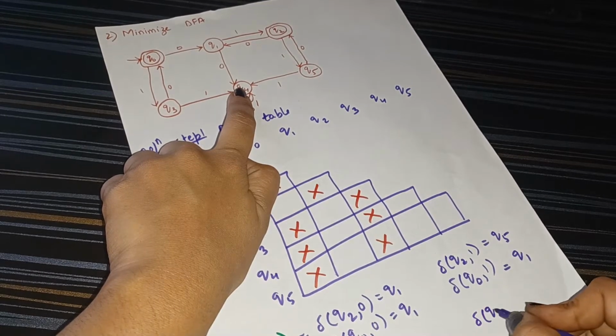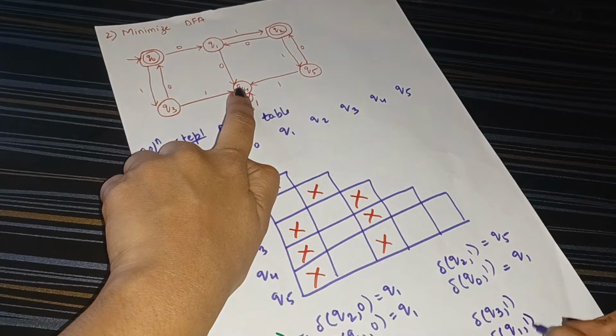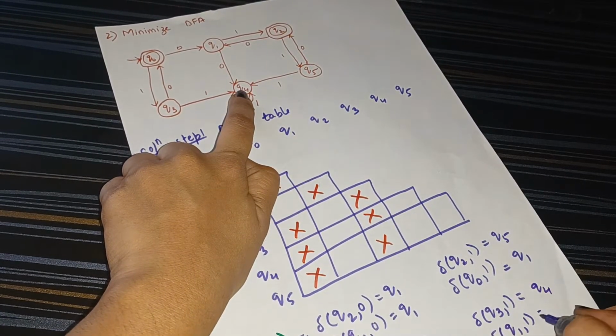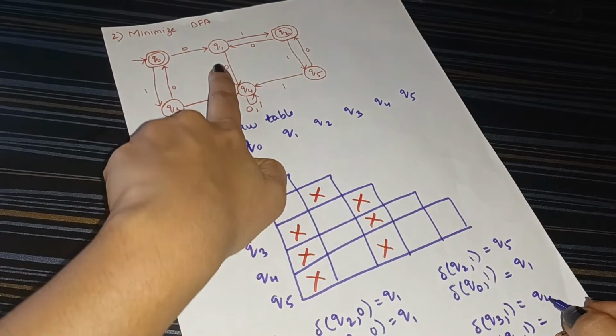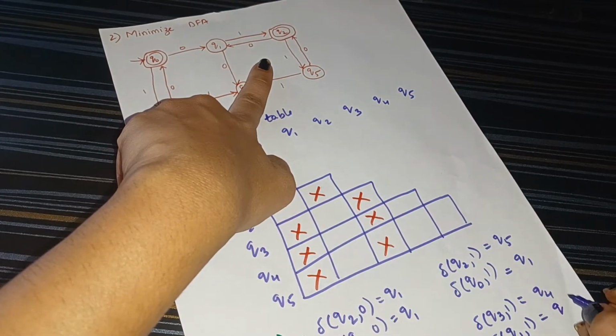Next, delta of Q3 on 1 and delta of Q1 on 1: Q3 on 1 is going to Q4 and Q1 on 1 is going to Q2.